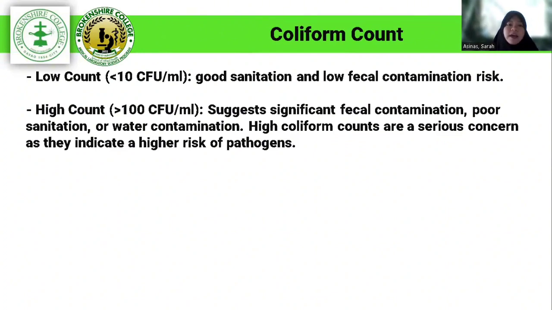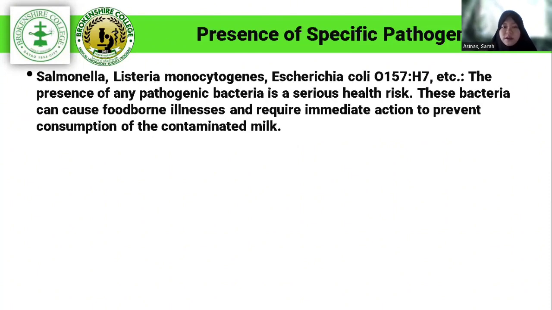If taas naman, that is greater than 100 colony forming unit per ml, nag-suggest na there's a significant fecal contamination and there's a poor sanitation or there's a water contamination. So if taas ang iyahang counts, there's a serious concern that indicates a higher risk of pathogens.